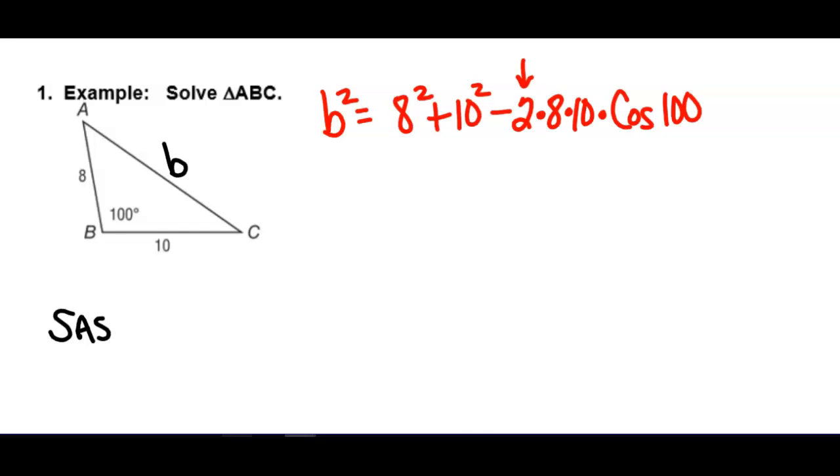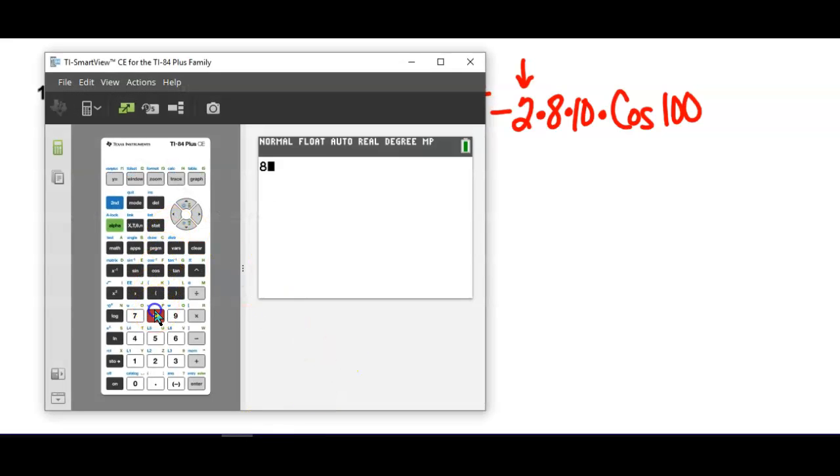So I'll show you how to type that in, and I always type it in all at once. 8 squared plus 10 squared minus 2 times 8 times 10 times the cosine of 100. You can do it in pieces, but the problem is students will sometimes hit enter here before they hit cosine, and that's not right because all of this has to be multiplied together.